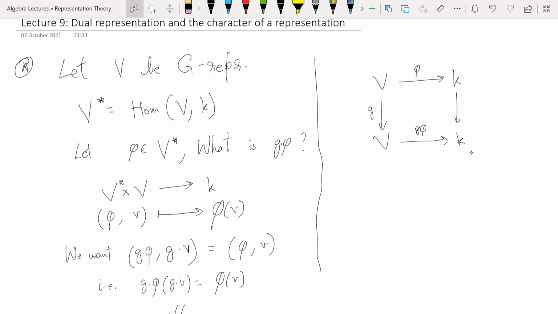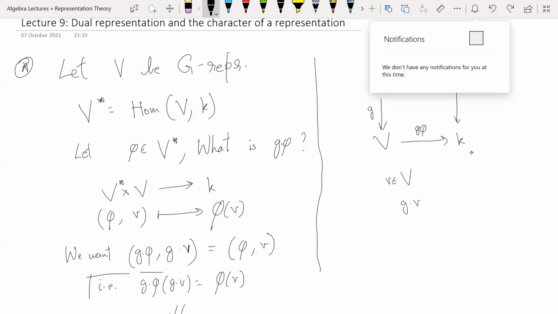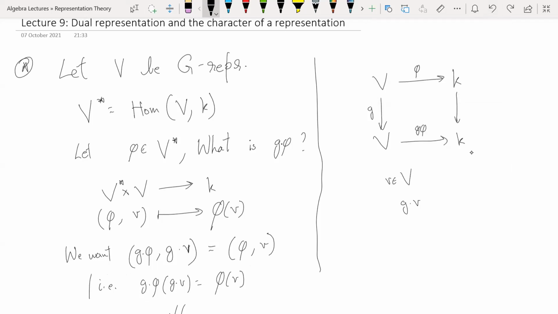What it means for this diagram to commute is that if you take v in V, then this condition will be the same as this condition here. Maybe I'll just write it down again.